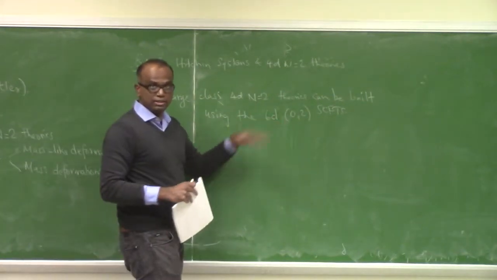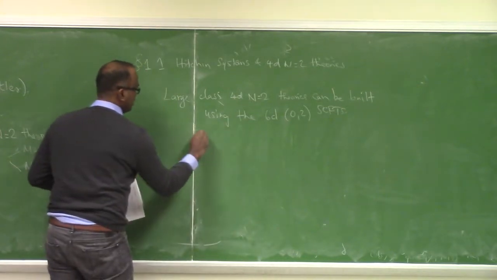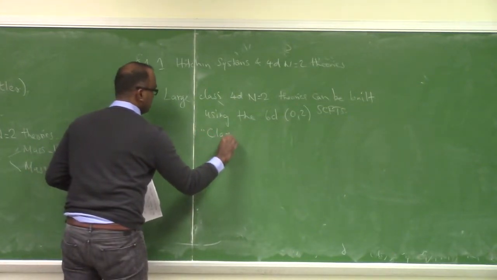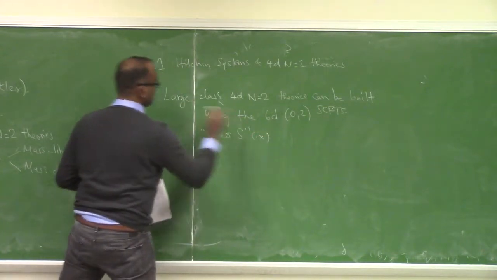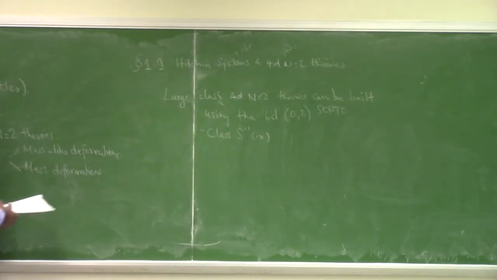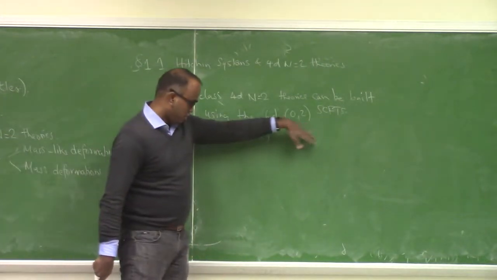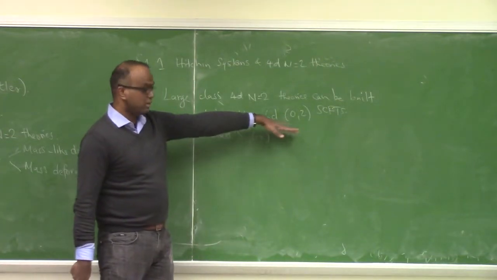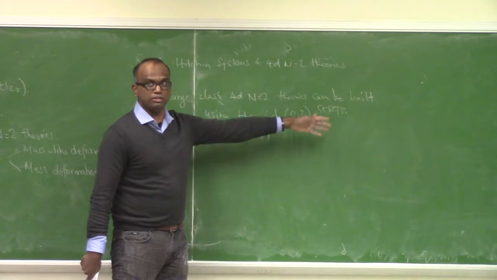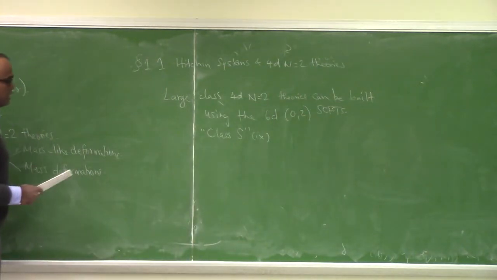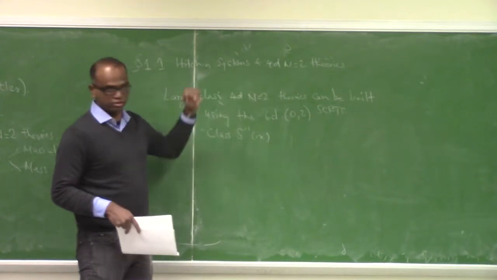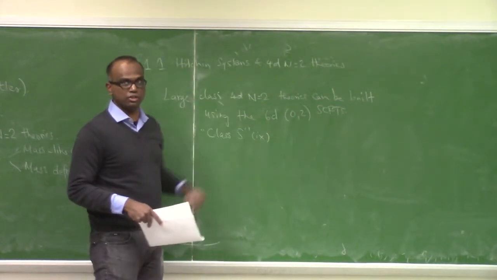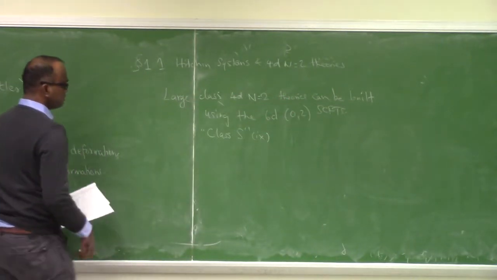Owing to their 6-dimensional origin, these are sometimes called theories of class S, where S stands for 6. You have more options in 6D. You can have (1,0) superconformal field theories, which people here study a lot, so you could use them to get even larger classes of theories. But for today's talk, I'm focusing only on these (2,0) theories.